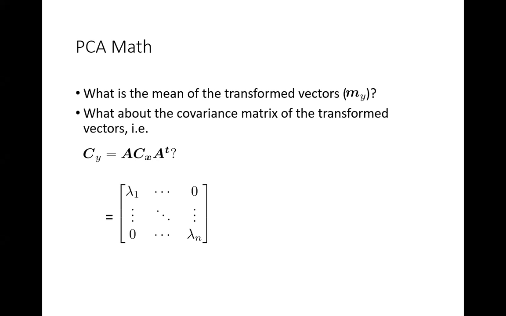So what does it mean? It means that in the transformed space, in the Y space, your transformed features or vectors are not correlated. That's why the covariance matrix is a diagonal matrix. All right.